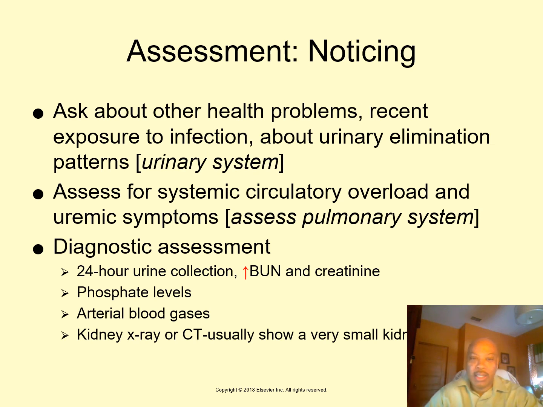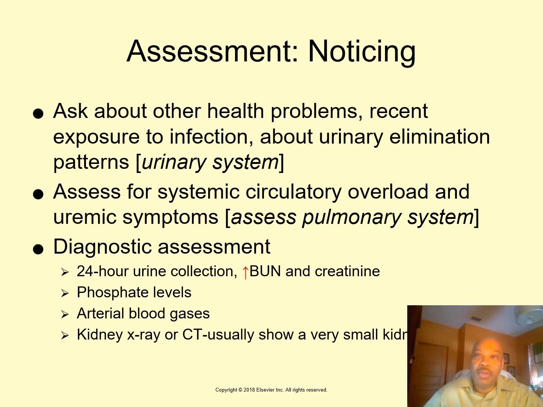These patients may also have an arterial blood gas. Remember, when these patients have renal issues, they might be in metabolic acidosis because they're not able to excrete the hydrogen ions, which is the acid.